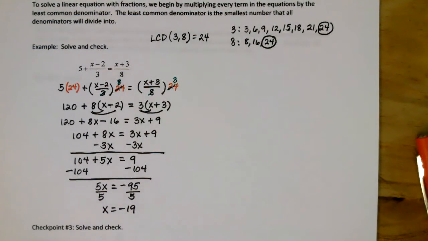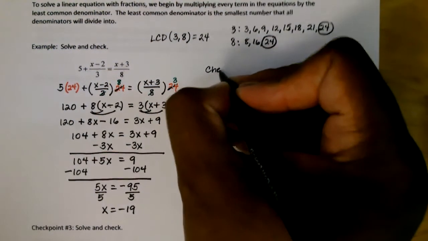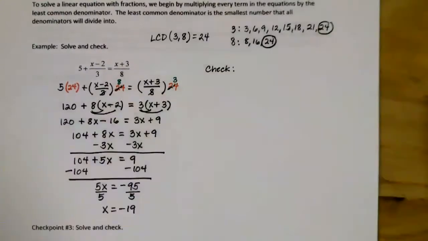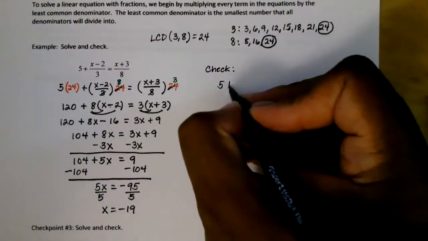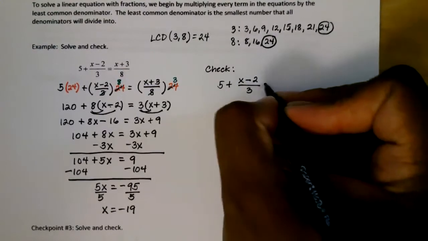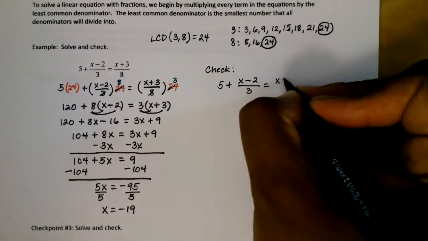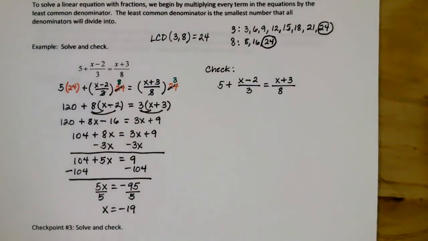Now that is my proposed solution. However, as painful as it may seem, we're going to have to do the check on this one. So let's do this. I'm going to write the original equation. And then I'm going to substitute each x with negative 19.